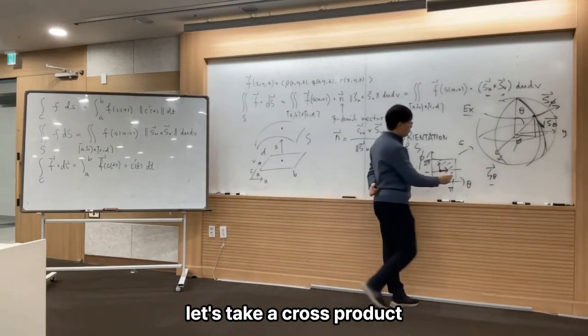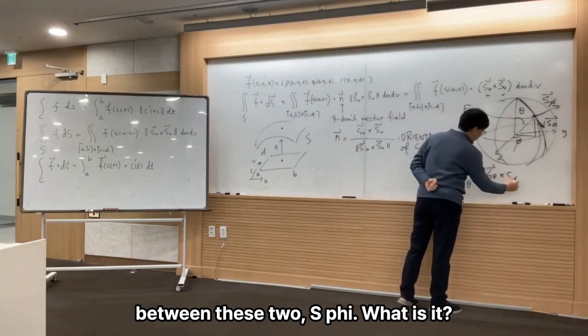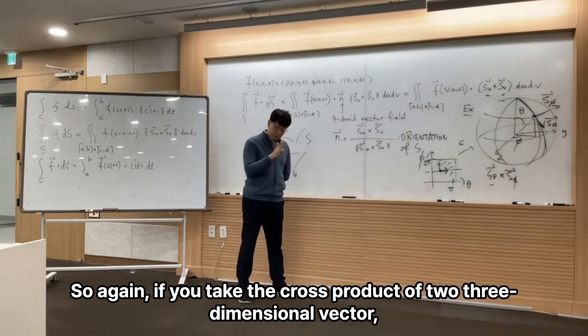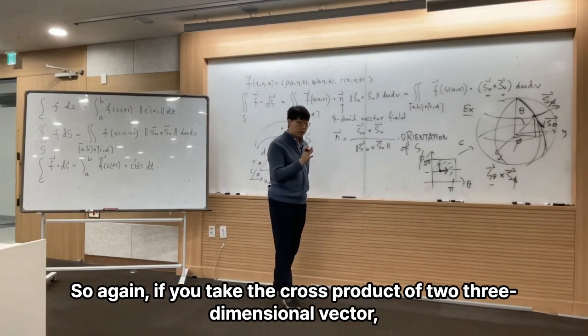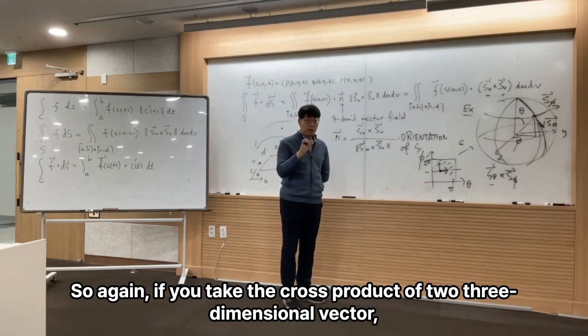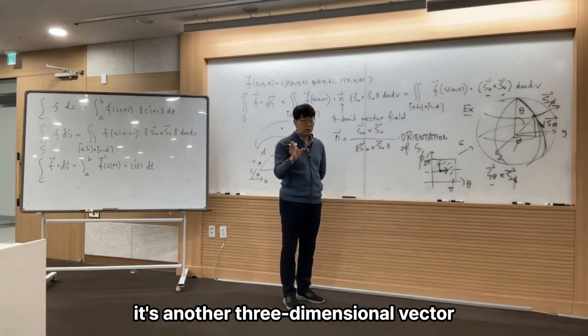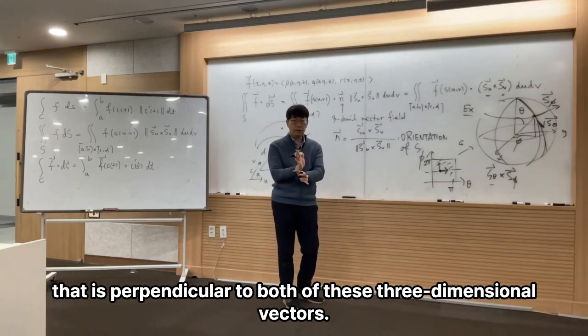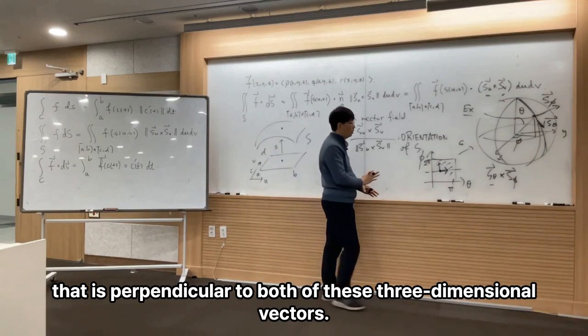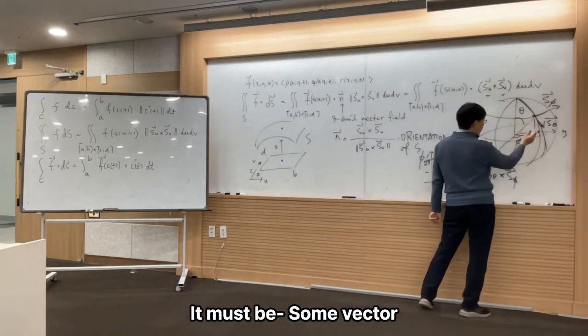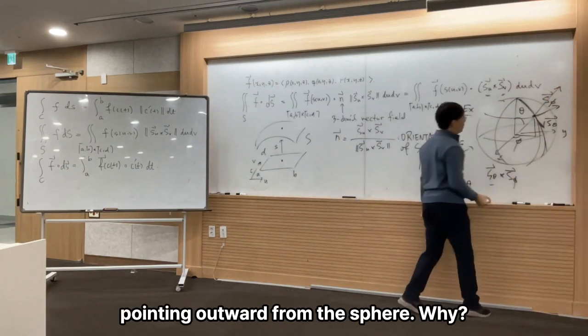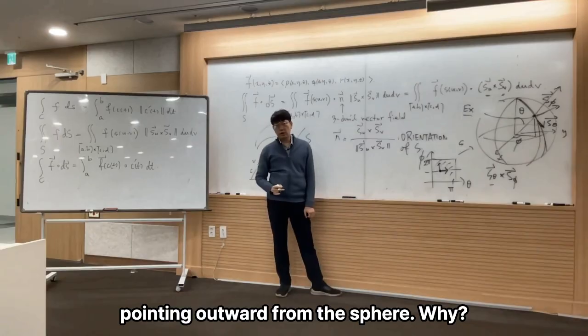Let's take a cross product between these two, S theta and S phi. What is it? Again, if you take the cross product of two three-dimensional vectors, it's another three-dimensional vector that is perpendicular to both of them. It must be some vector pointing outward from the sphere. Why?